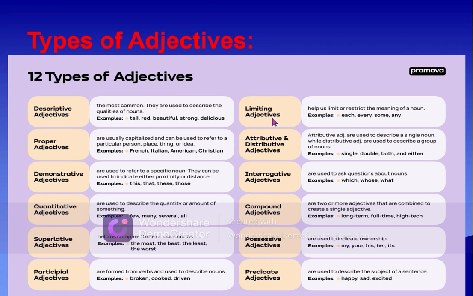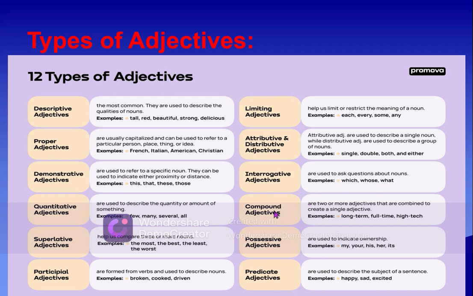Next is limiting adjective. Limiting adjectives help us limit or restrict the meaning of a noun: each, every, some, any. Attributive and distributive adjectives, we shall talk about these two types of adjective in our next slide. So move towards interrogative adjectives. These adjectives are used to ask the question: which, whose, what.